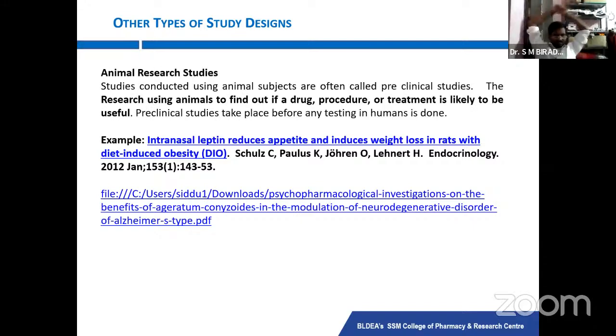And this is another study, animal research studies. Animal research is nothing but preclinical studies, which is not very relevant to today's topic. I'll just brief it. When you conduct studies in animals, we call them preclinical studies, and this is the base for conducting clinical trials.